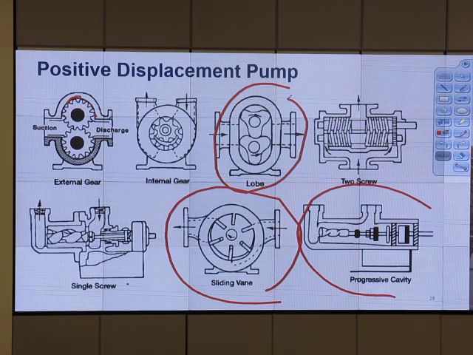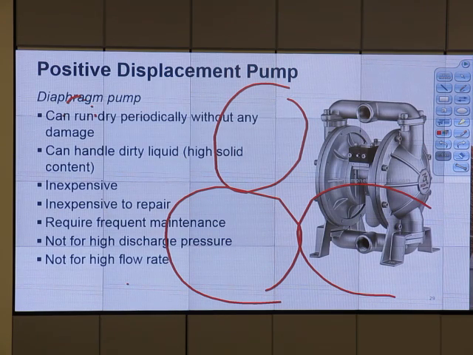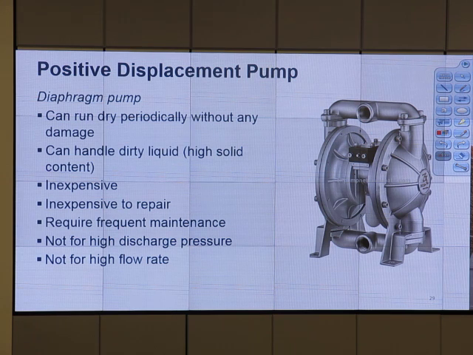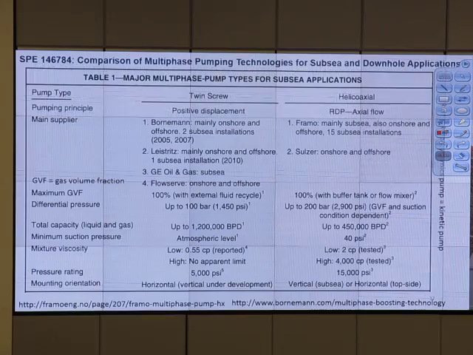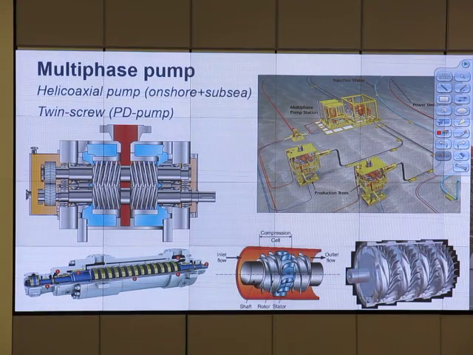You remember the lobe type? I think you have seen the video. The lobe type is centrifugal or PD? PD, right? Okay. And that thing, you have seen it is PD. Screw is PD. It's not centrifugal. Okay. Multi-phase pump, that's a kind of screw, twin screw. So it's PD.